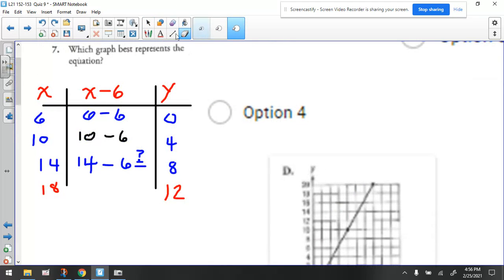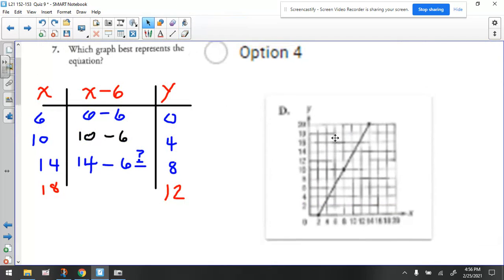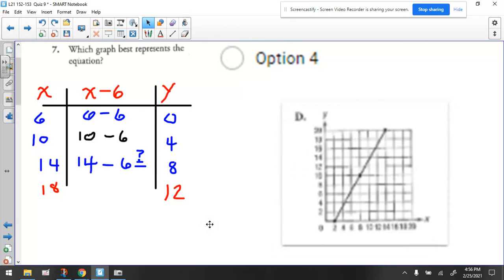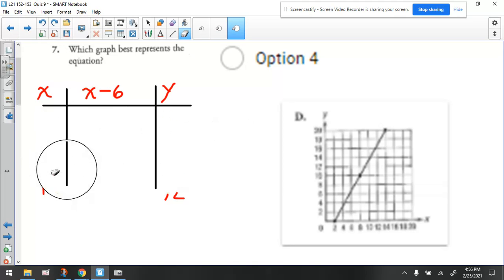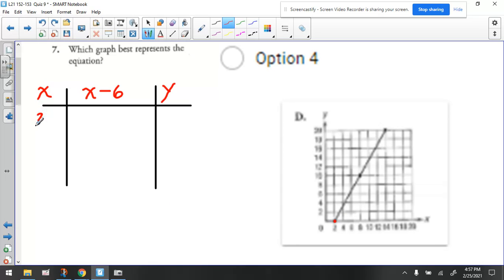All right, so now everything's in place. Okay, so this is option 4 or D, and let's see if there's anything about this one that works. All right, so I'm going to erase all this, and let's see if we can eliminate this as a choice. The first point they give you here, that's a 2 and a nothing, right? Over 2, up nothing.